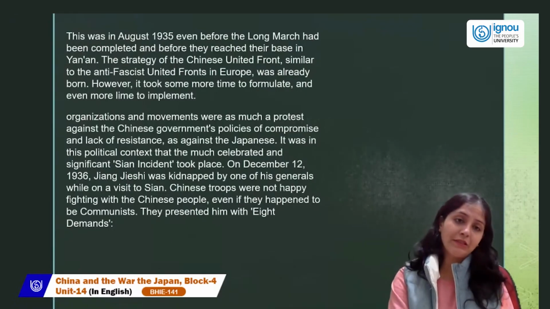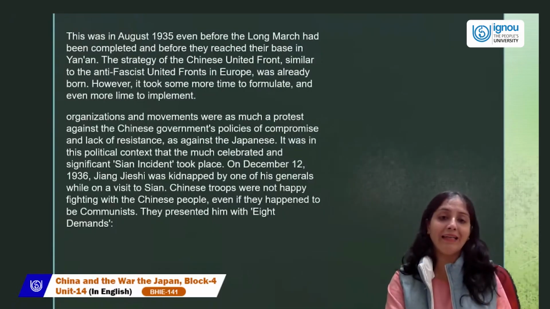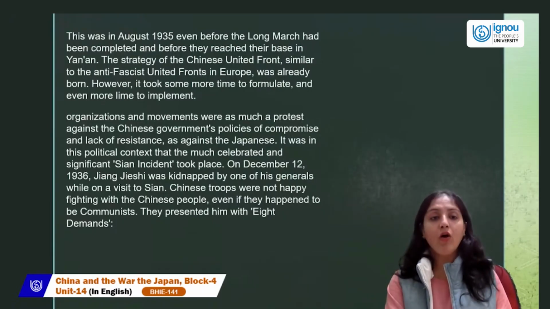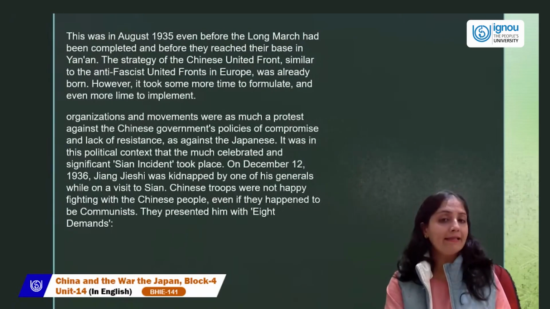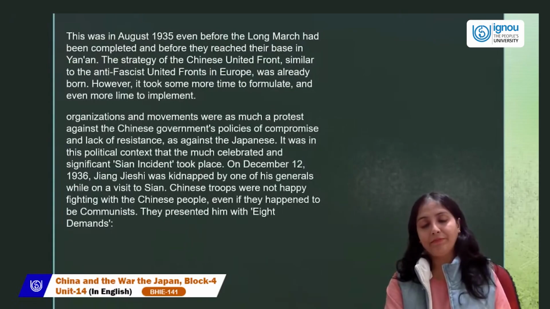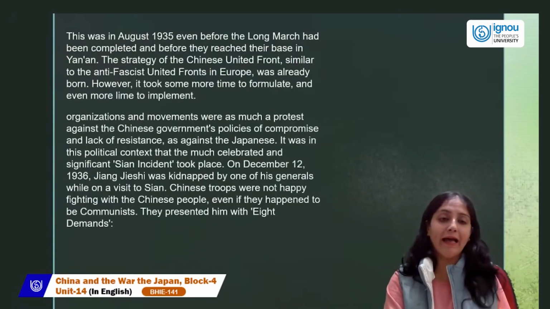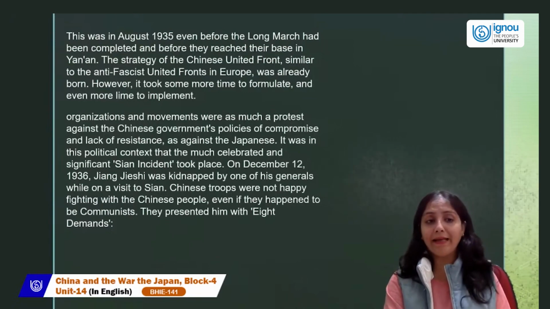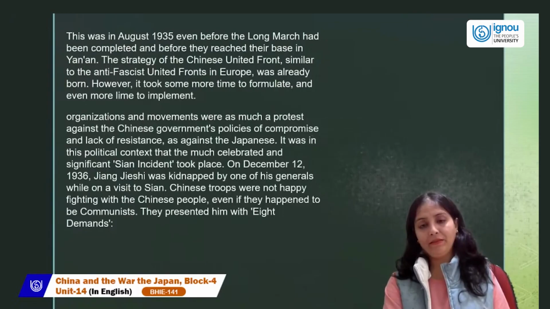The organizations and movements were as much a protest against the Chinese government's policies of compromise and lack of resistance as against the Japanese. It was in this political context that the much celebrated and significant Xi'an incident took place.